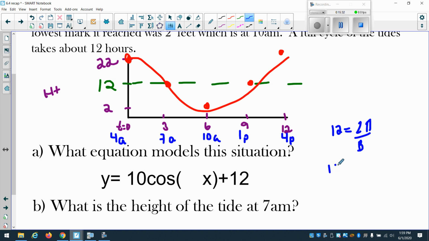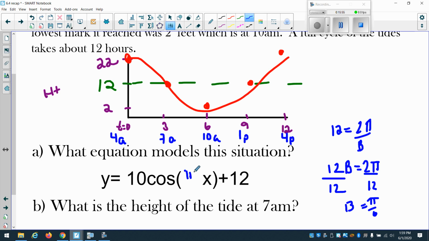So you have 12 times b equals 2 pi, divide by 12, divide by 12, and you get a b value of pi over 6.